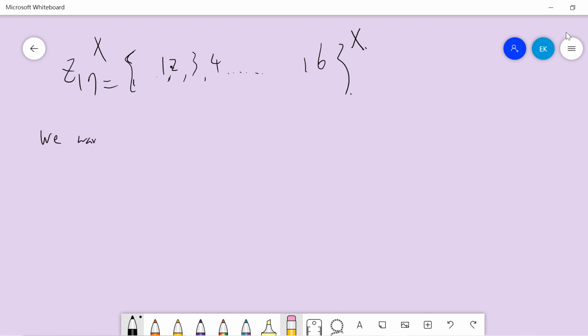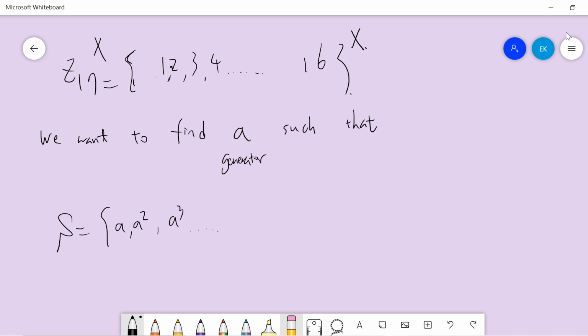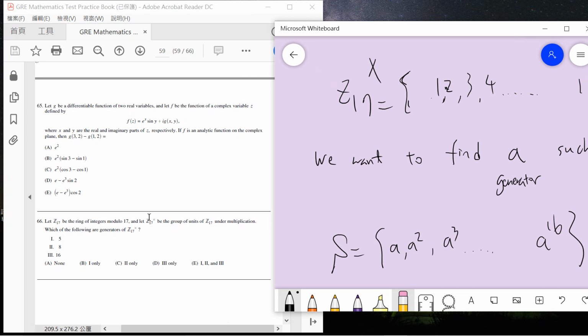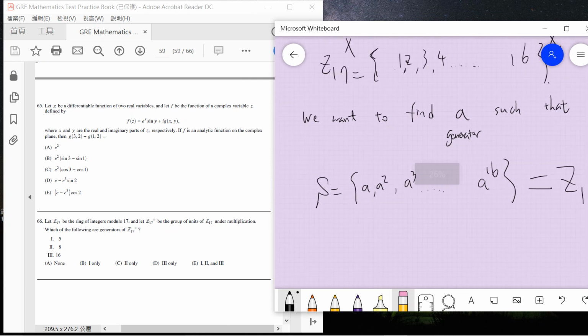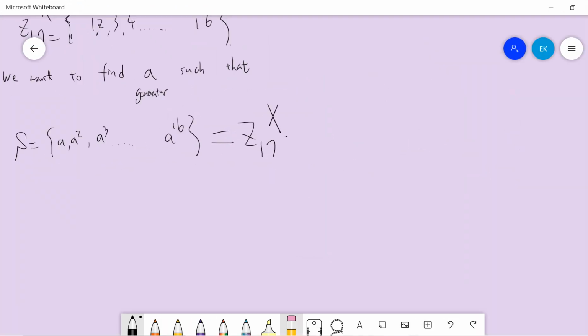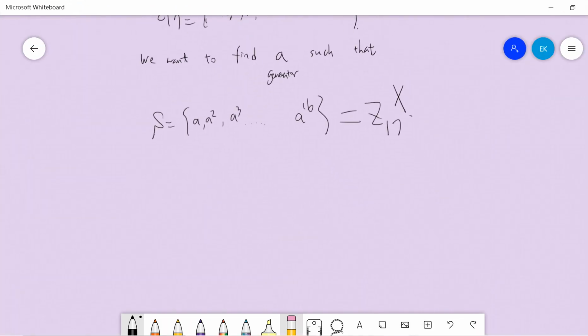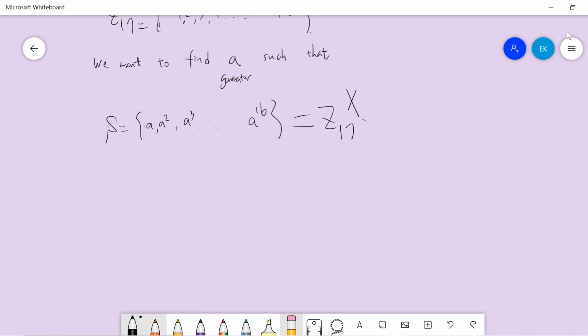So we want to find A such that A is a generator. We produce a set, and if it is the whole set, this is called a generator. So we need to check if 5 is a generator, or 8 is a generator, or 16 is a generator. We first see the simple example that 16 is not a generator.